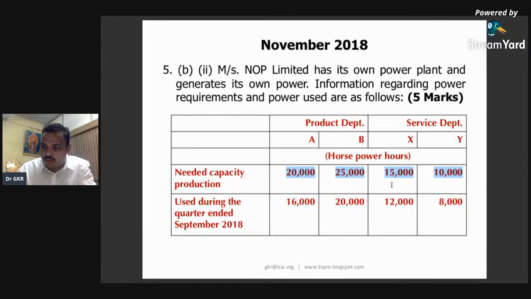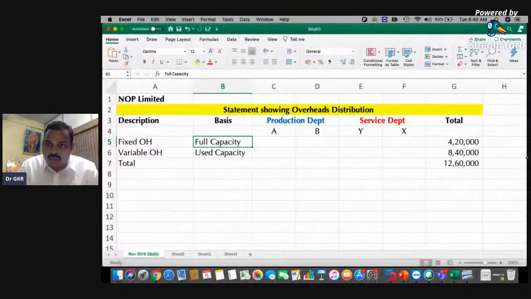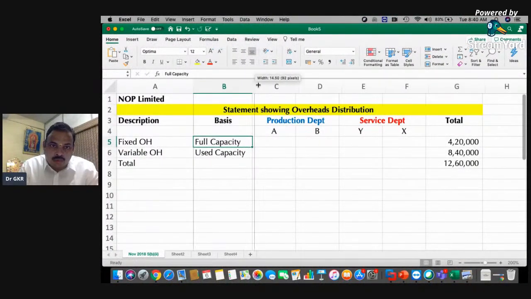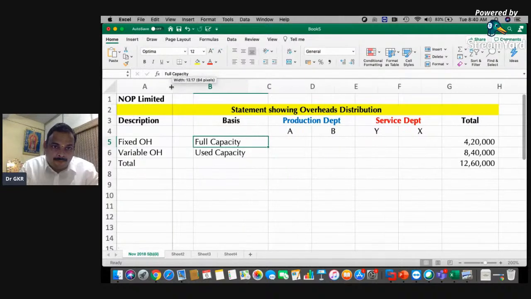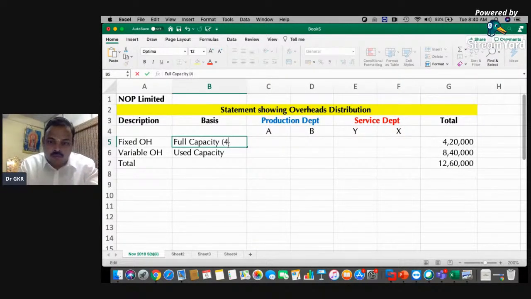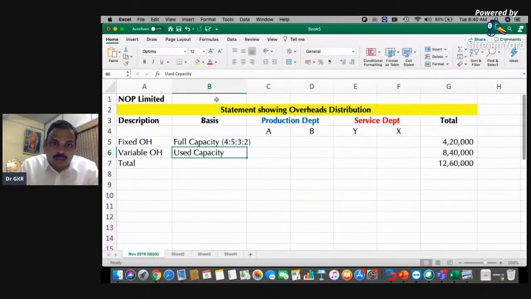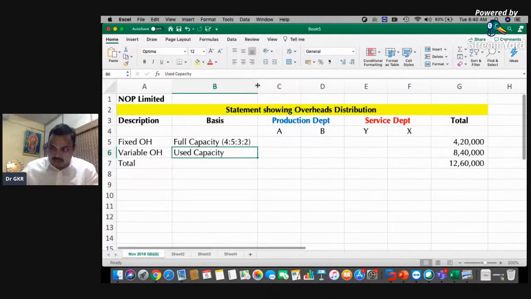So the ratio, dividing by 5, is 4:5:3:2. I'll put this basis here: 4:5:3:2. So what is your total, guys? 4 plus 5 is 9, 9 plus 3 is 12, 12 plus 2 is 14. So actually it is 4/14, 5/14, 3/14 and 2/14.